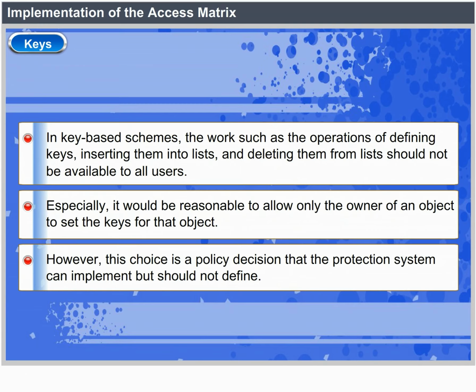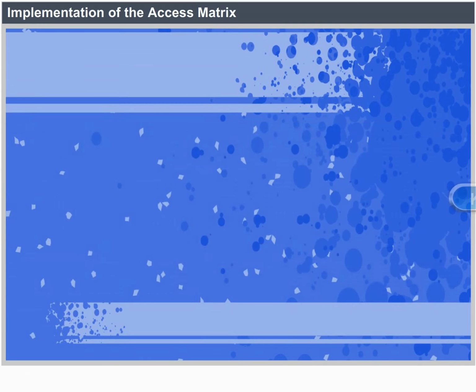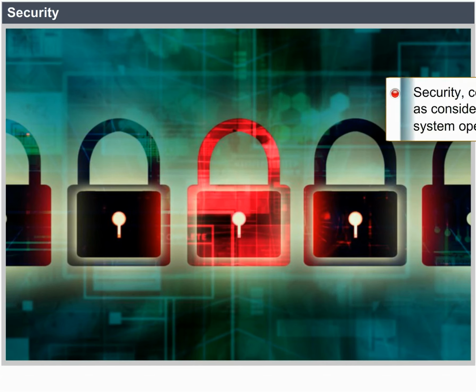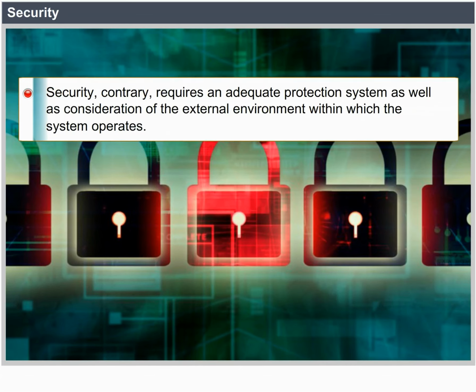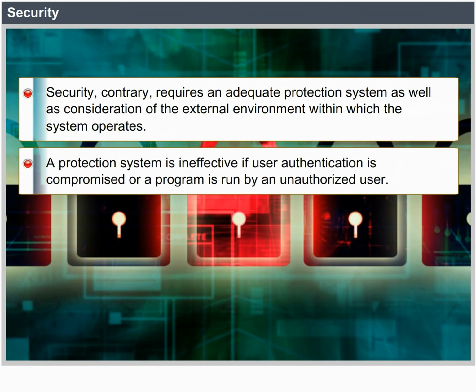Security. Security, on the other hand, requires not only an adequate protection system but also consideration of the external environment within which the system operates. A protection system is ineffective if user authentication is compromised or a program is run by an unauthorized user.